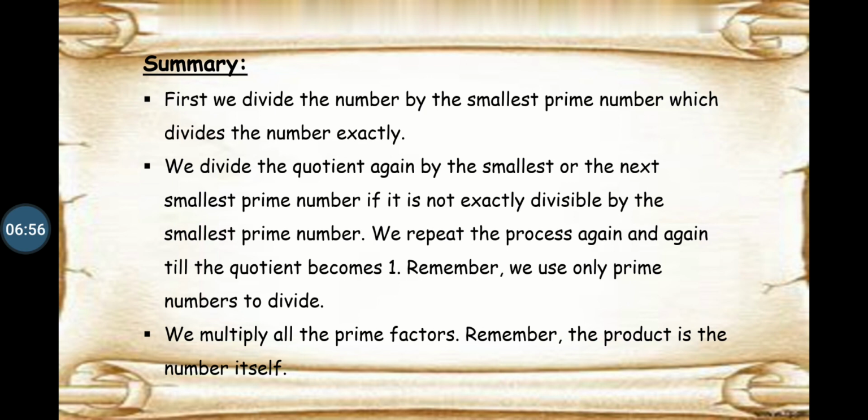Then we divide the quotient again by the smallest or the next smallest prime number. If it is not exactly divisible by the smallest prime number, then we repeat the process again and again till the quotient becomes 1. As in the previous example, you had seen that we got 5 at the end. So you can divide 5 by 5, then your quotient will be 1 there.